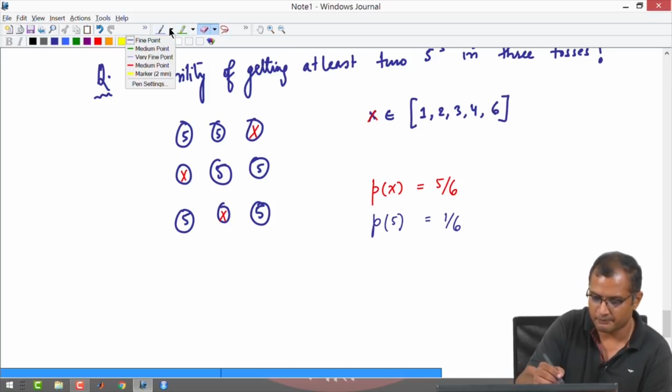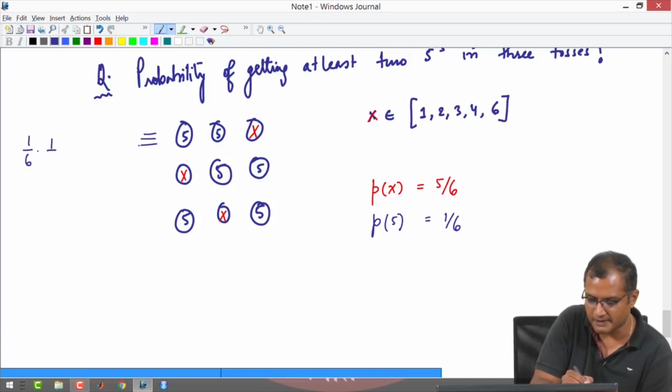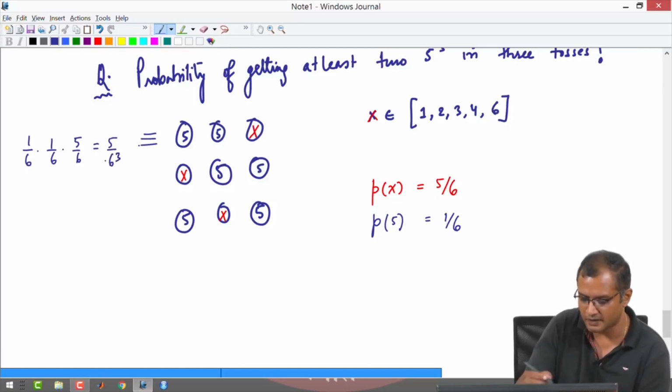So, the probability of getting a 5 is 1 by 6, and the probability of getting another 5 is 1 by 6, and the probability of getting an x is 5 by 6, okay. So, which is basically 5 by 6 cube.